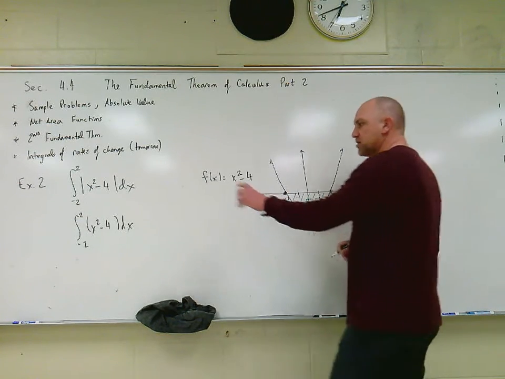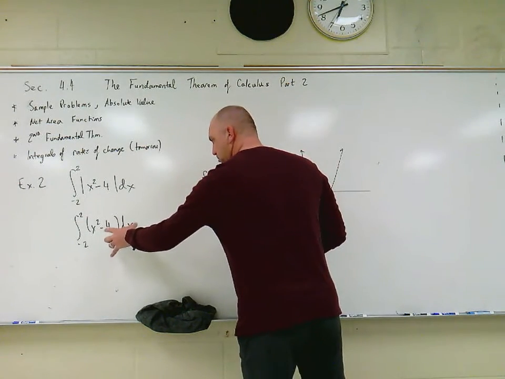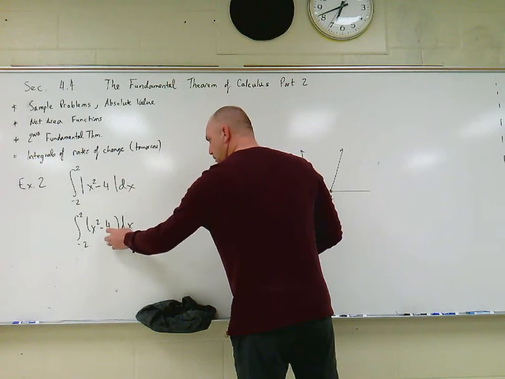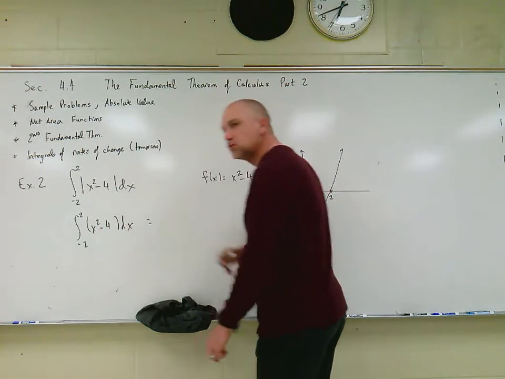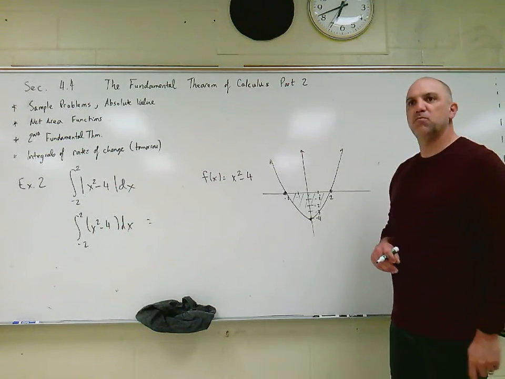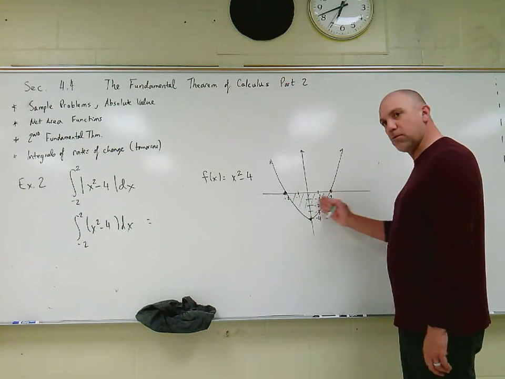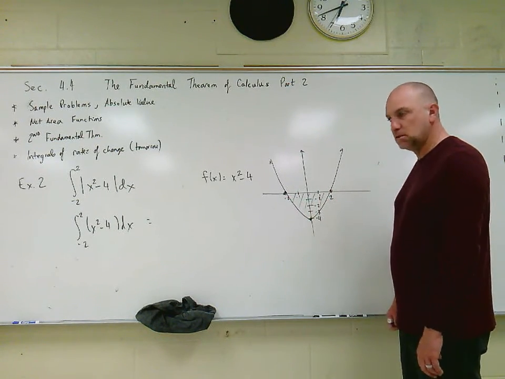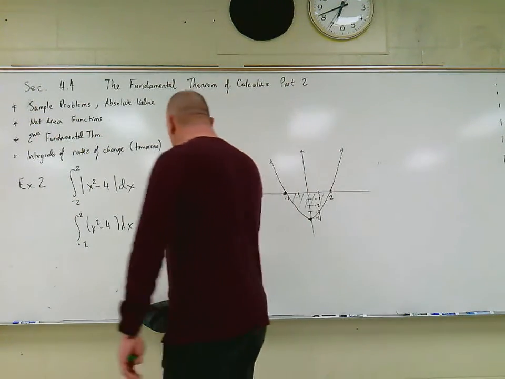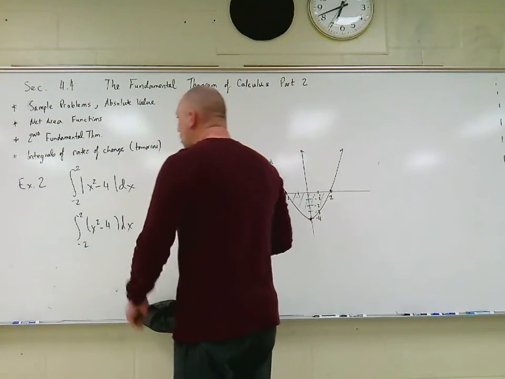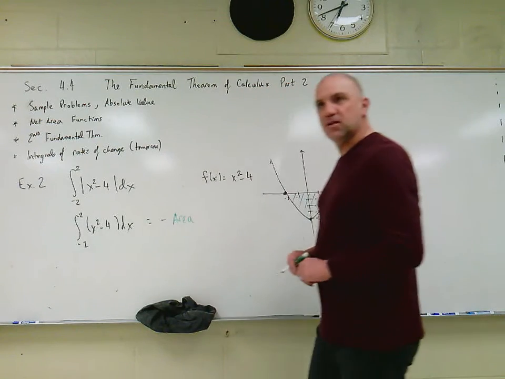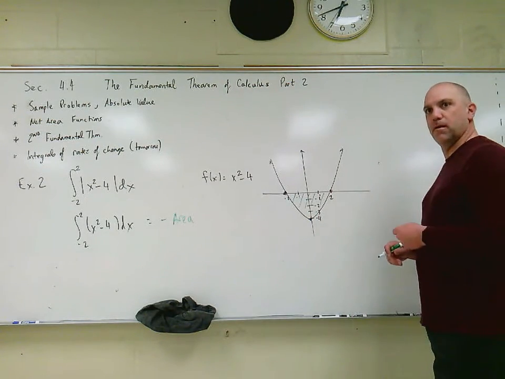So if I work this problem, this is not what I was asking. If I work this problem, how should the answer come out? In terms of positive or negative? Negative. Because the entire region is below the x-axis. So this is the negative of that area. Basically what absolute value is saying, it says, look, we want the actual area.